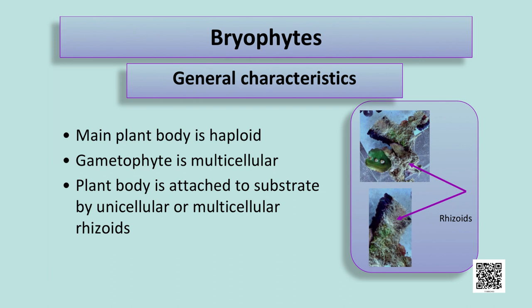Remember, there are no true roots, stem or leaves in bryophytes. As vascular tissue is absent, this makes them different from other land plants. Some bryophytes have conducting tissue, but not as developed as xylem and phloem. So, we can say that bryophytes possess root-like, stem-like and leaf-like structures. Rhizoids can be seen in this picture, clearly marked by arrows.